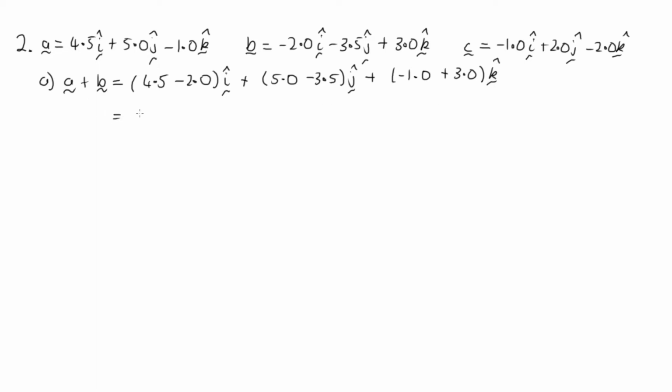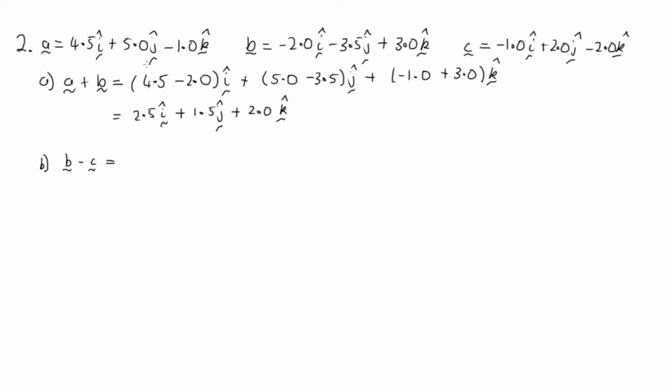So now we just sum these things in the brackets. So we end up with 2.5i plus 1.5j plus 2.0k.